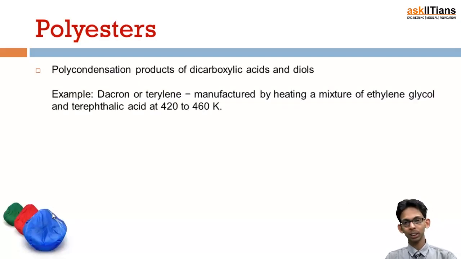Next are polyesters. These are polycondensation products of dicarboxylic acids and diols. An example is Dacron, which we have just studied, which is formed by heating a mixture of ethylene glycol and terephthalic acid. But once again we can write it in this way.